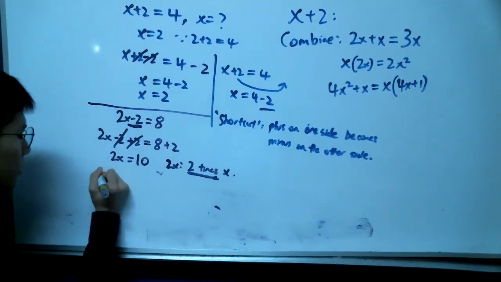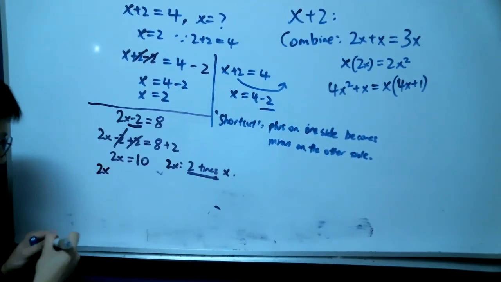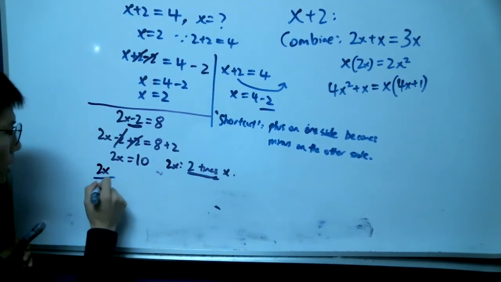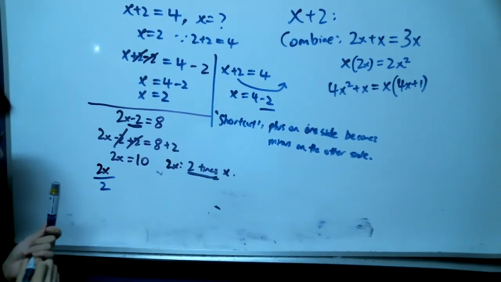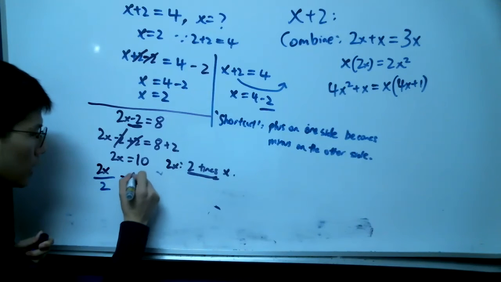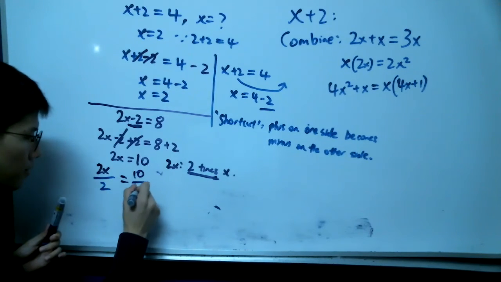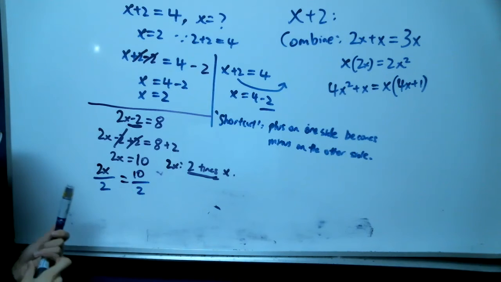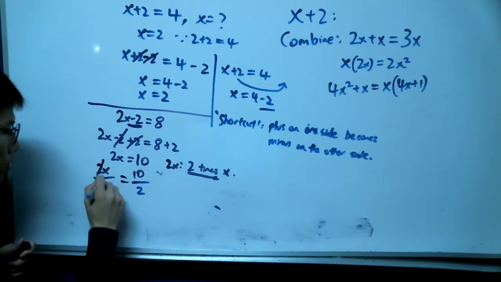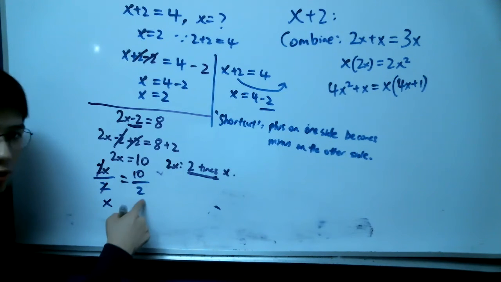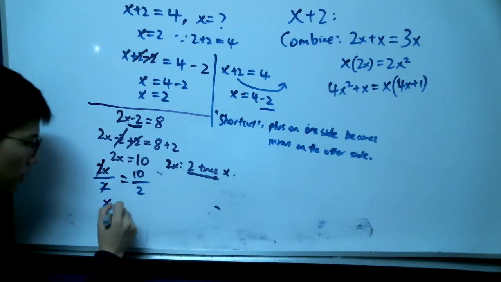In other words, 2x divided by 2 is equal to the other side, 10 divided by 2. And so what we get here is quite simply x equals 10 divided by 2, which is 5.